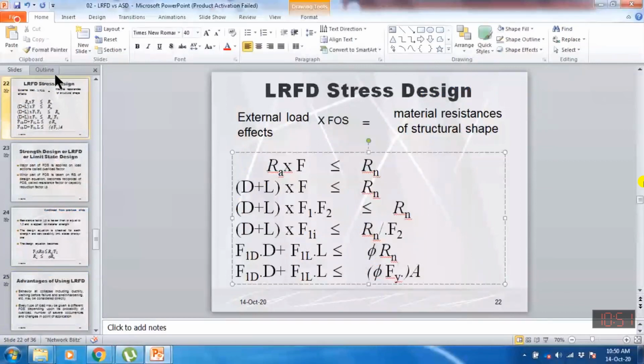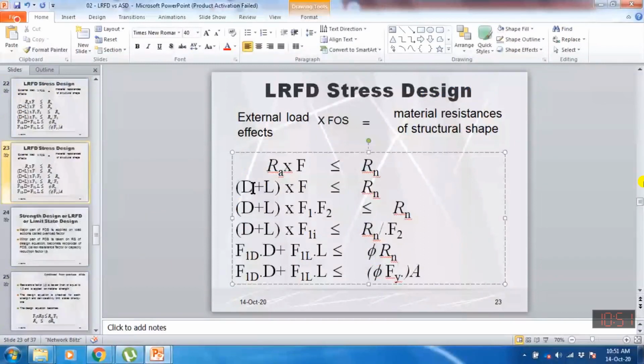Here, let's suppose dead load is 200 and live load is 100. And this factor of safety is 1.667.